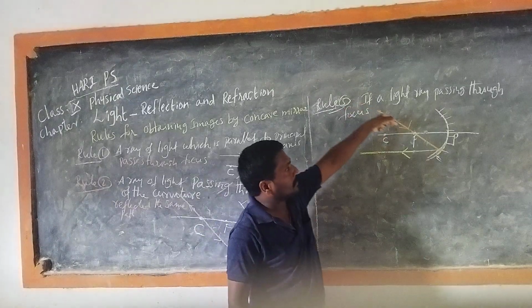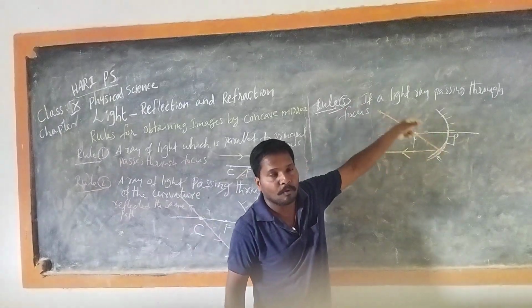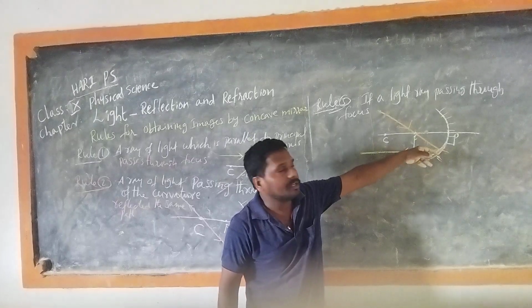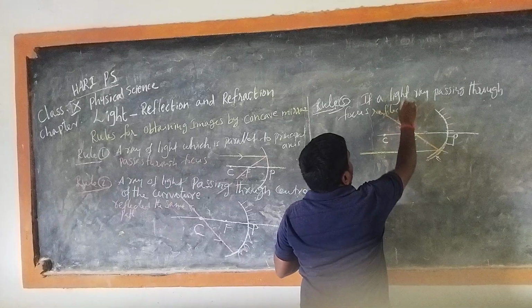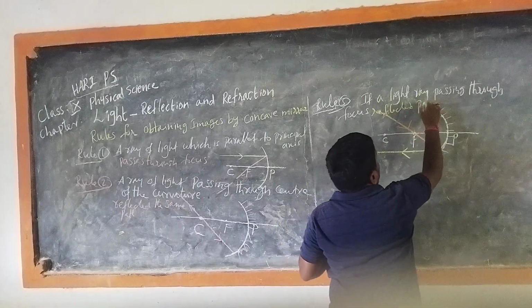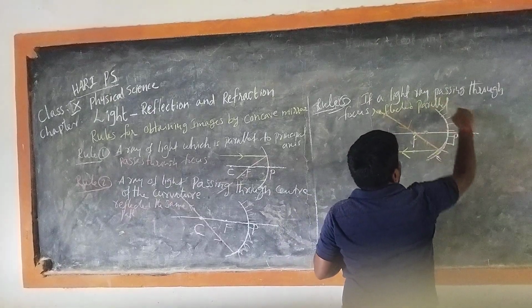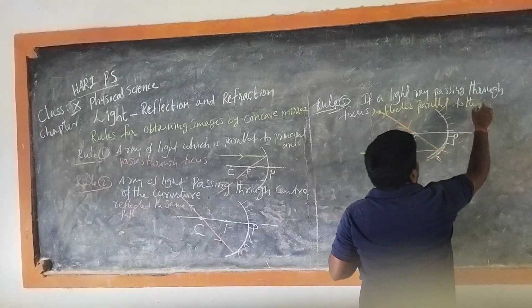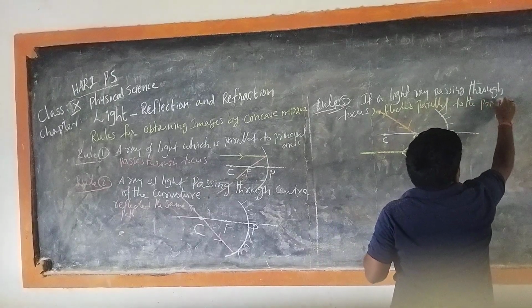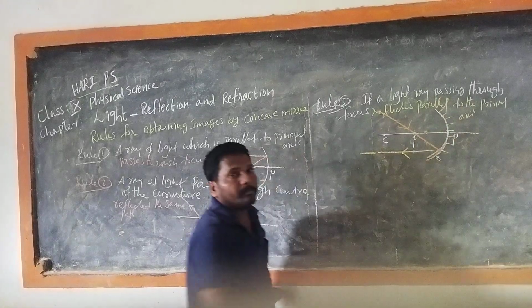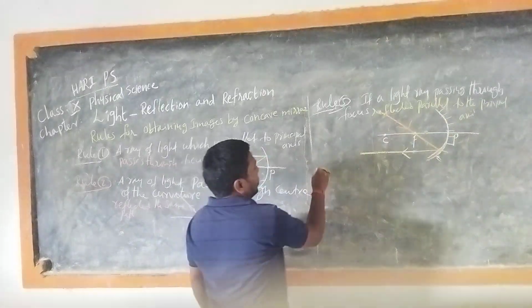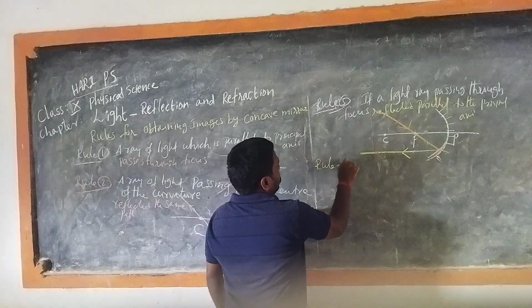If the light ray passes through the focus, after reflection it is reflected parallel to the principal axis.